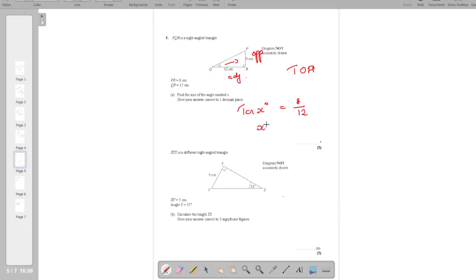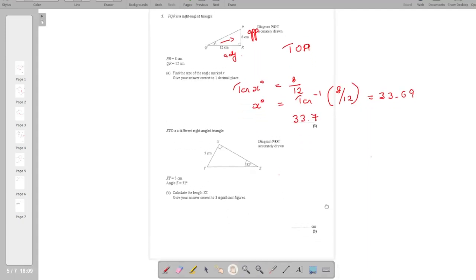To find the X, you do the inverse. Tan minus 1, 8 over 12. So that will give you 33.69. So you need to go to one decimal place, 33.7.